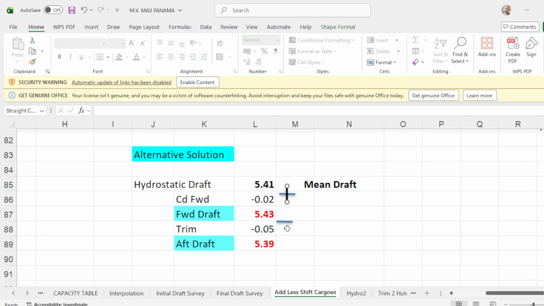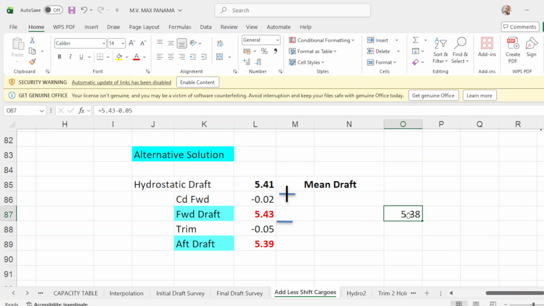That will be 5.43 minus 0.05. That should be 5.38.